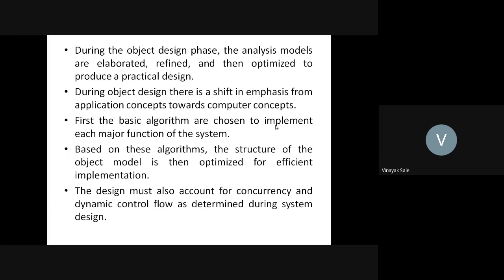First, the basic algorithms are selected to implement each major function of the system. Based on these algorithms, the structure of the object model is then optimized for efficient implementation. The design must also account for concurrency and dynamic control flow as determined during the system design.